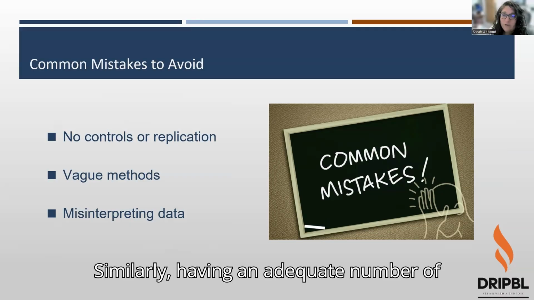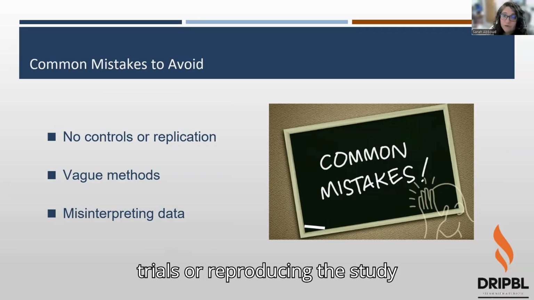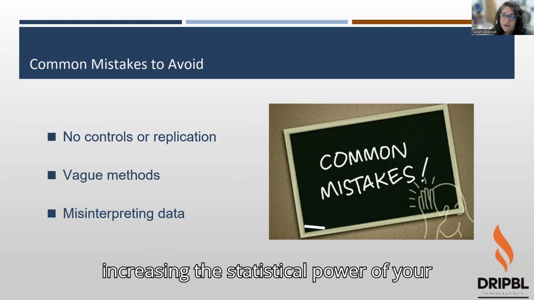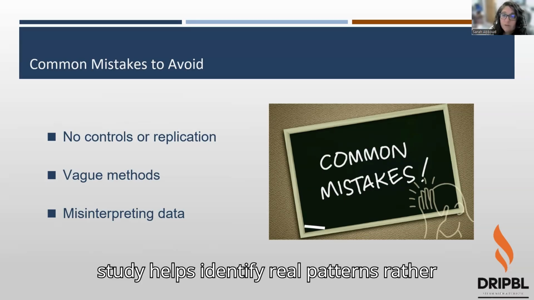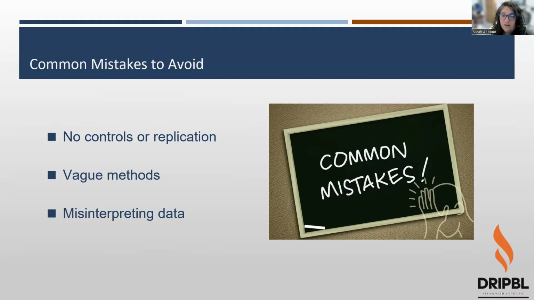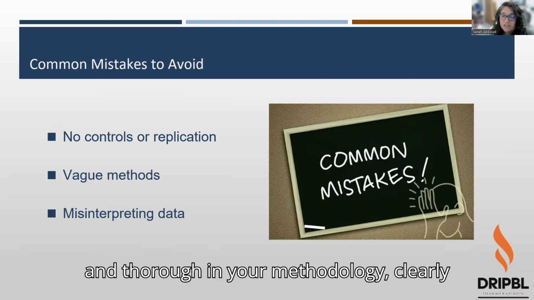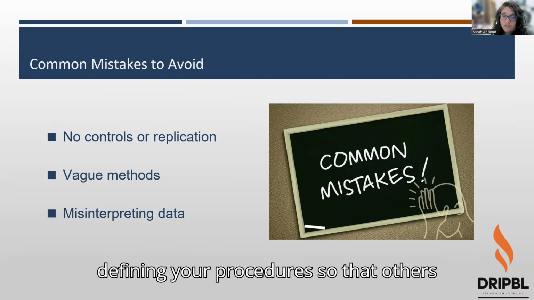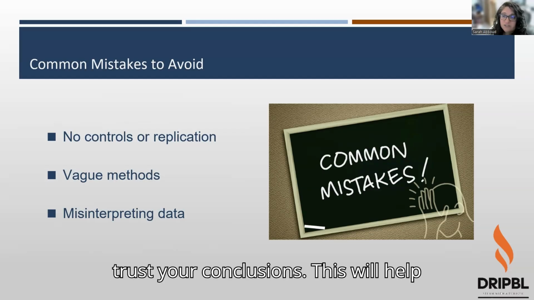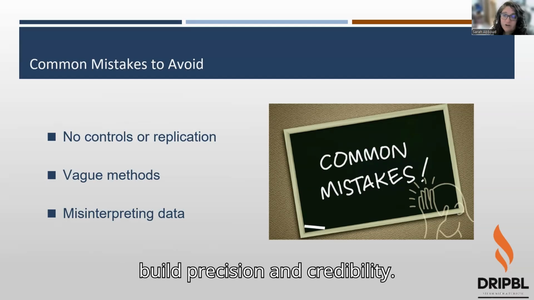Similarly, having an adequate number of trials or reproducing the study, and also increasing the statistical power of your study helps identify real patterns rather than chance outcomes. Being precise and thorough in your methodology, clearly defining your procedures so that others can replicate your work and trust your conclusions. This will help build precision and credibility.